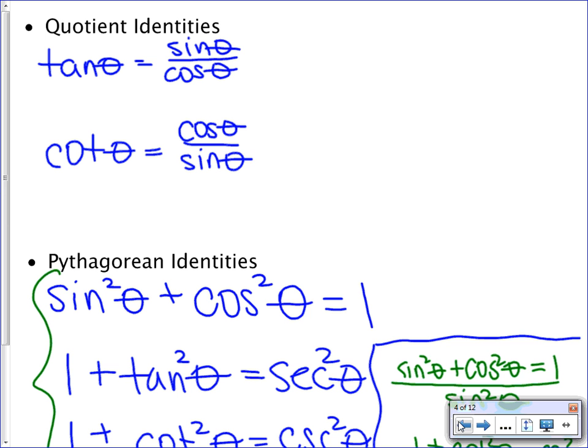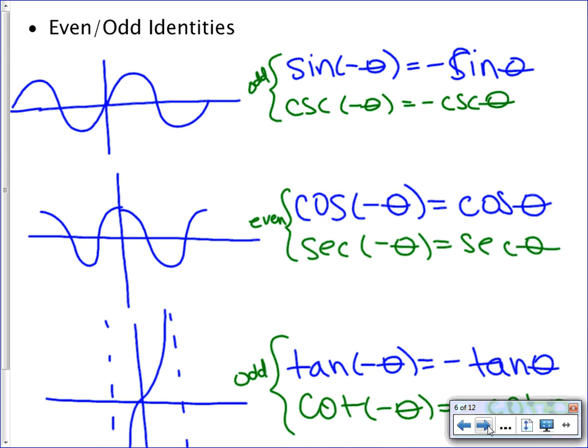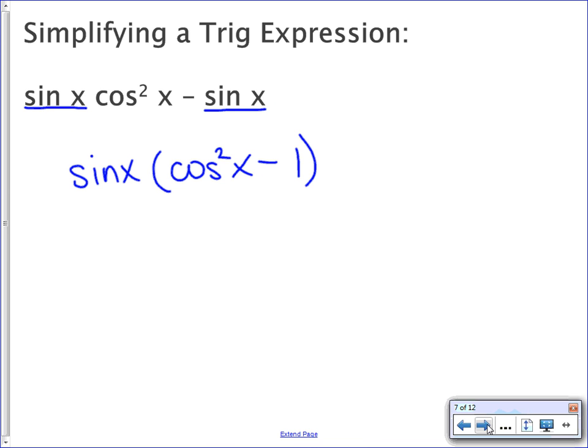Cosine squared would be the same thing as 1 minus sine squared, do you agree? Sine squared is the same thing as 1 minus cosine squared, do you agree? Anytime you see a sine squared or a cosine squared along with a 1, that could be a Pythagorean identity.